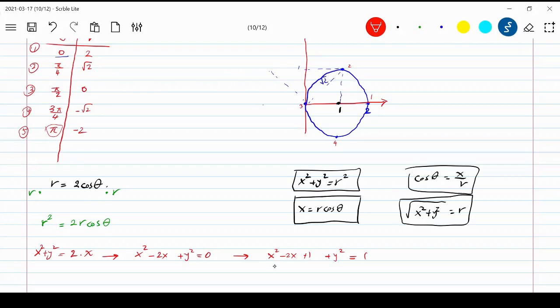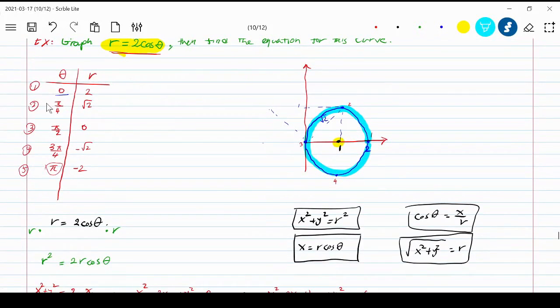I added this 1 because I can now write this as (x minus 1) squared plus y squared equals 1. And what does this represent? This represents the equation of a circle with center (1, 0) and radius 1.